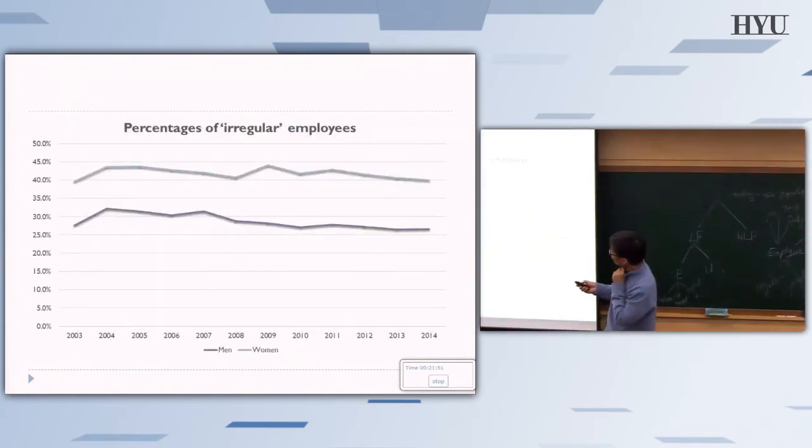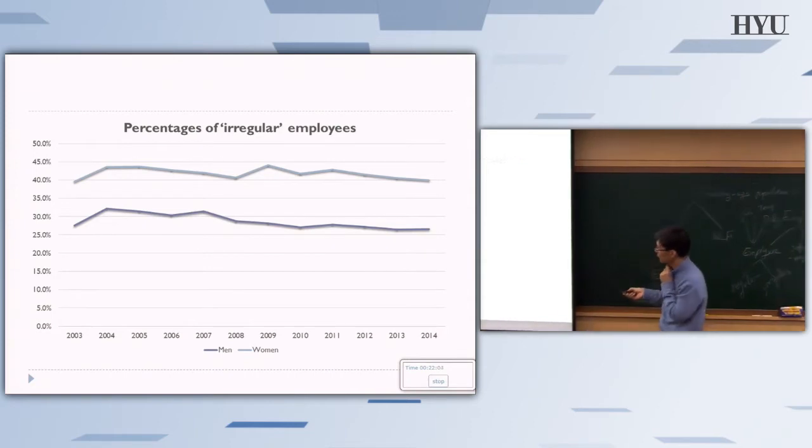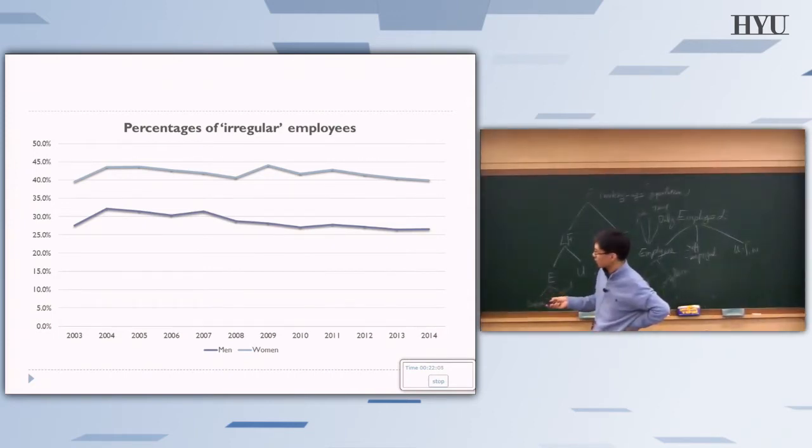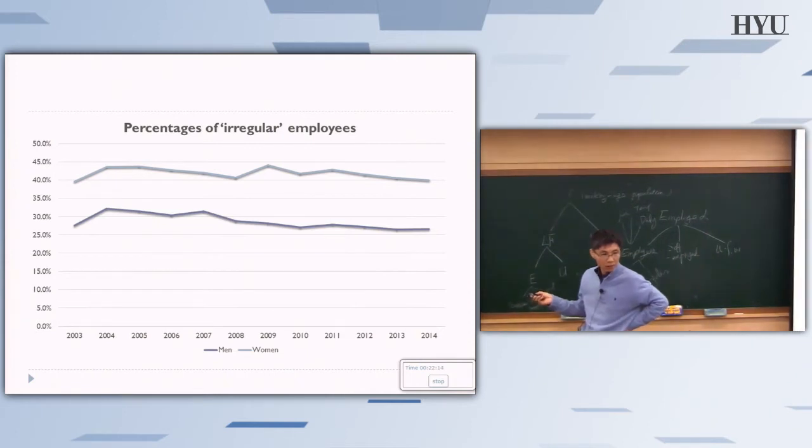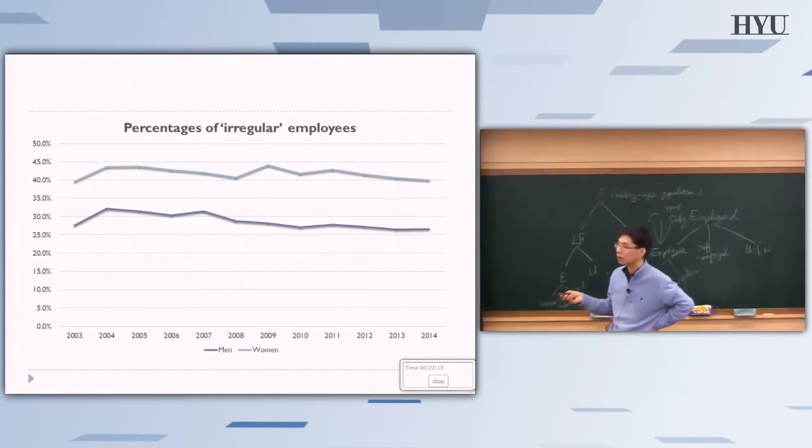Okay, if you look at the percentage of irregular employees for men, it's actually getting a little small. It has actually got smaller and smaller. In the early 2000s, like 2003, 2004, it's about 35%, right? Now about 10 percentage points lower.